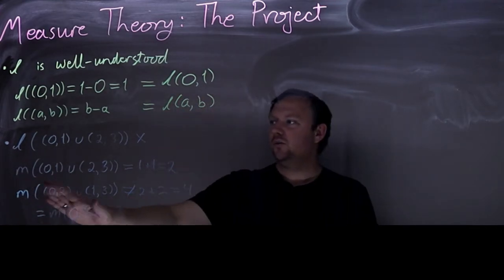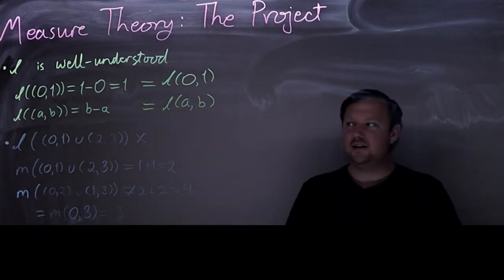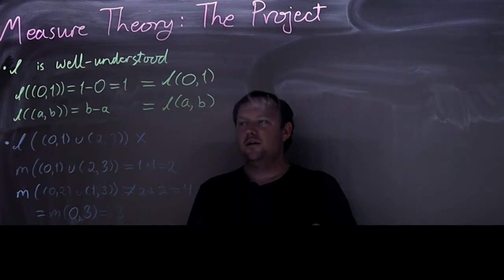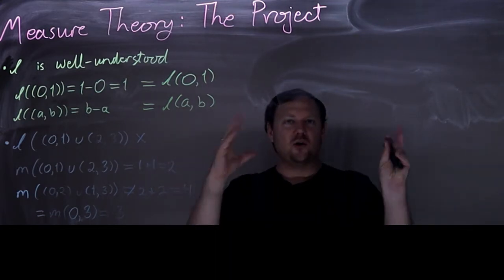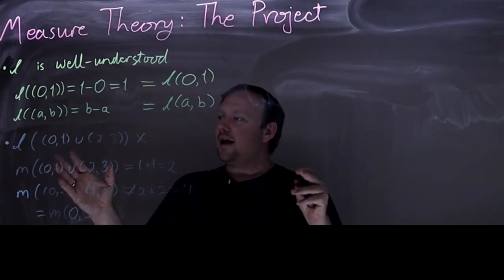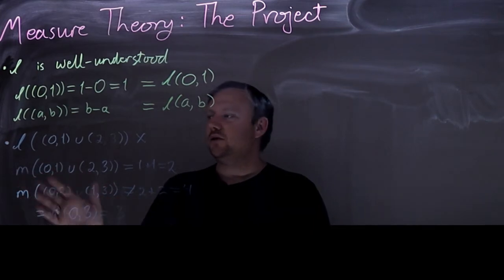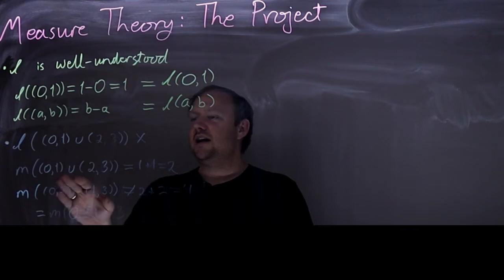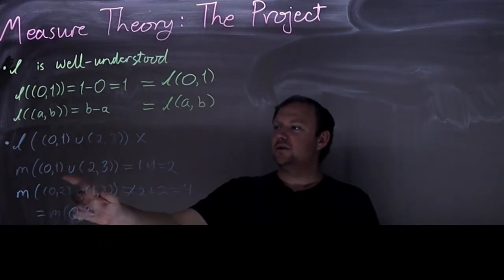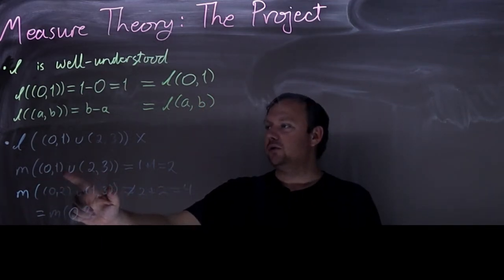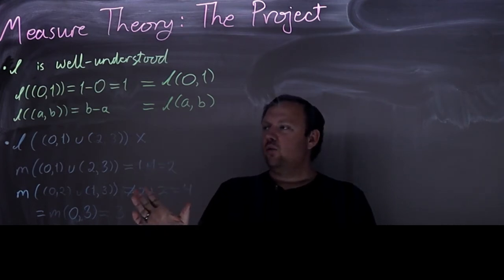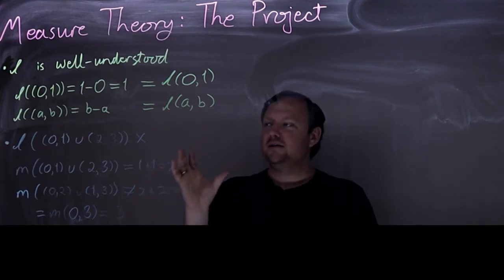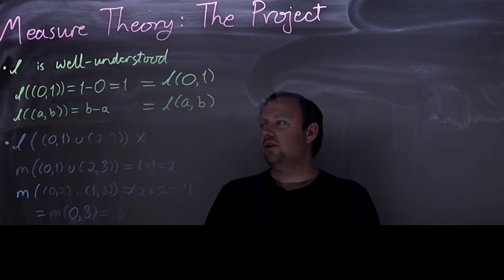And in particular, when I write this M, what I mean is the length measure, because we will see much later on that there are many versions of measure, but just for our starting example, I want to talk about the length measure, which is to say I'm measuring sets of real numbers. They may not all be intervals, but we want to do this in a way that is consistent with the notion of the length of an interval.